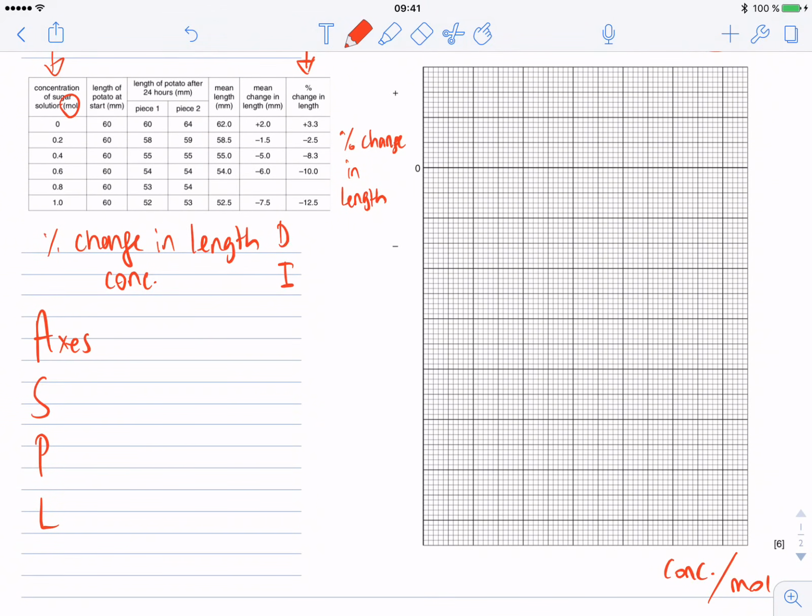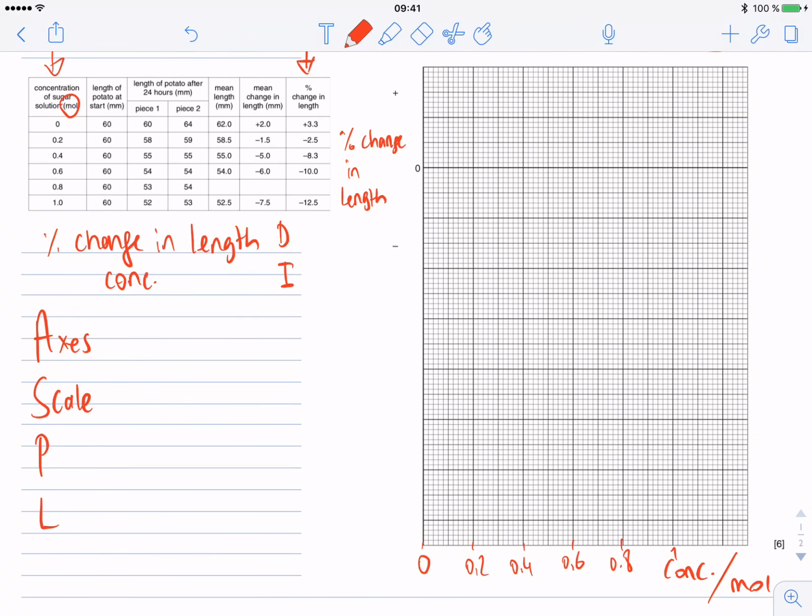Second now, S meaning scale. So if you check out the concentration of sugar solution, it increases by 0.2. So starting from 0, 0.2, 0.4, 0.6, 0.8, and 1.